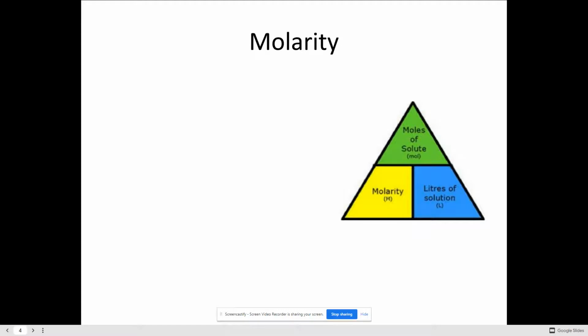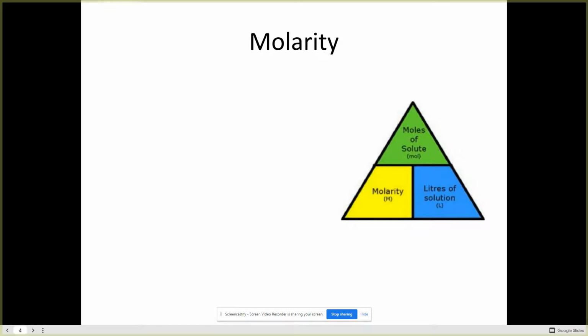All right. So for example, let's see how this triangle works. Let's say I'm looking for the formula for molarity, big M. Again, big M is right here at the bottom left. Liters is right here, and N is right here. Since we're looking for big M, that means it's unknown.